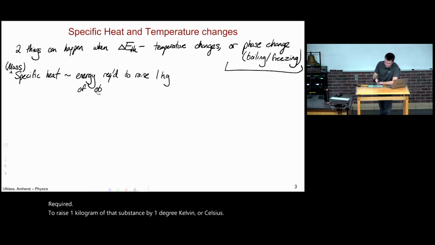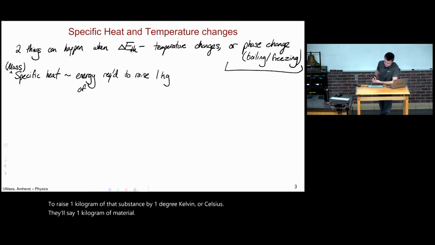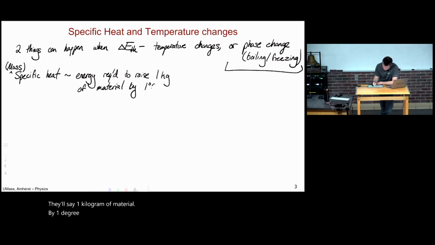Or I'll say 1 kilogram of material, by 1 degree Celsius or Kelvin, right? Because the step sizes are the same.